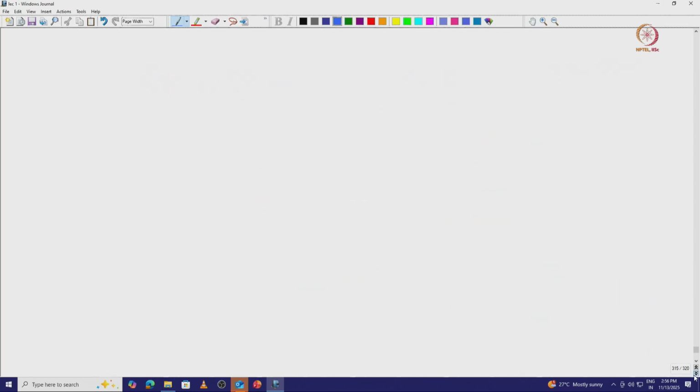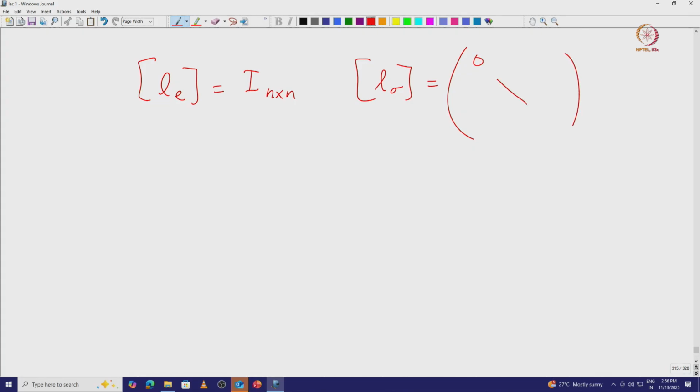So, this actually immediately tells us that the matrix of L identity is nothing but the identity matrix, and the matrix of L sigma is going to have 0 on the diagonal, and then we do not know the other entries, they will have 0 or 1 as entries, but we do not need to worry about them.